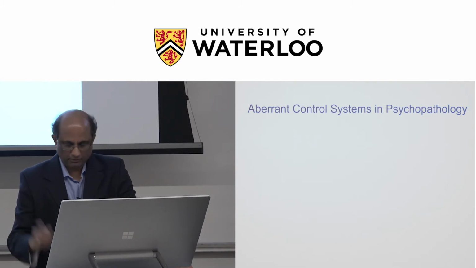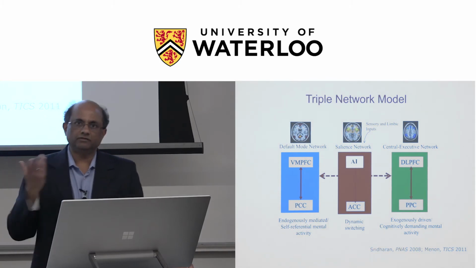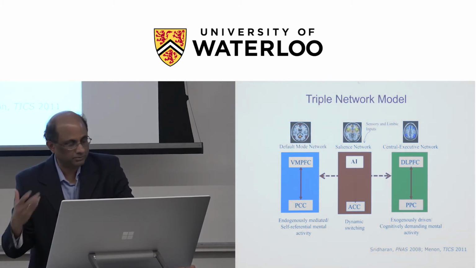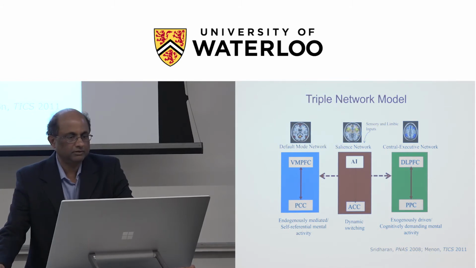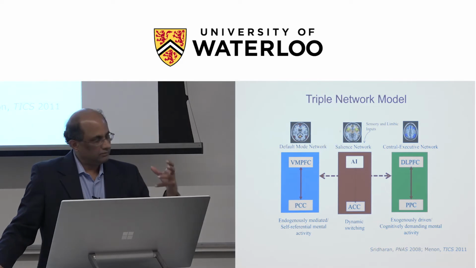That's still part of our ongoing work. But the first step was to see if there's a correlate of psychopathology in the intrinsic integrity as well as the dynamic interaction of these networks.